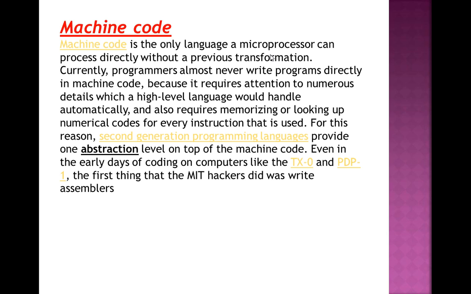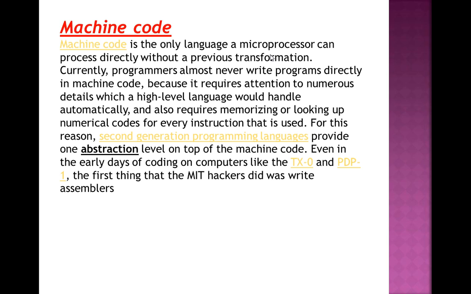As I told you, machine level language is a program that uses 0 and 1 for writing the code. So the CPU, meaning the microprocessor, can execute or process it directly without a previous transformation.